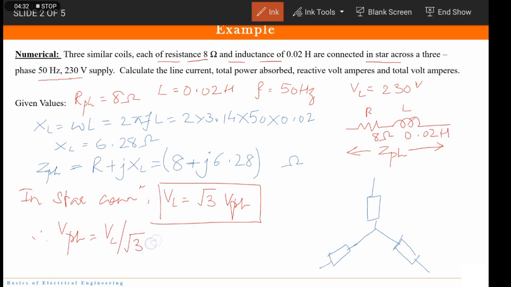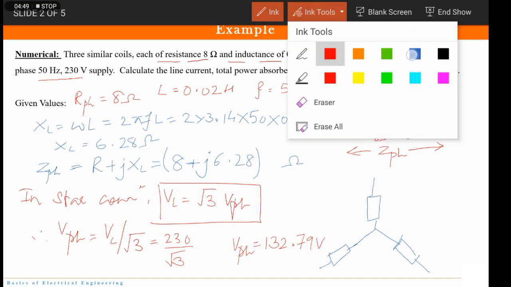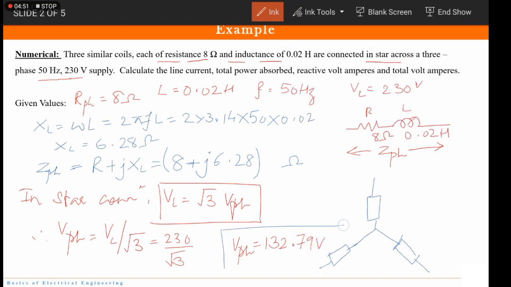Okay, so what is the line voltage? 230 volts divided by root 3. So the phase voltage after dividing 230 by root 3 comes out to be 132.79 volts. Fine.